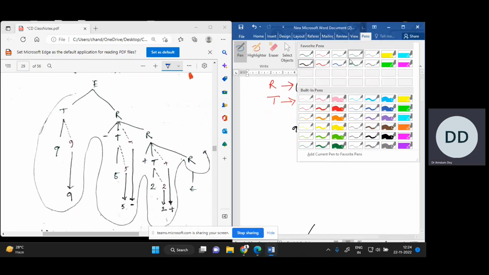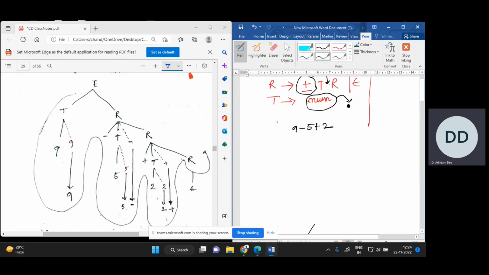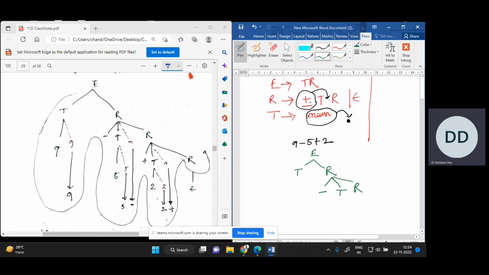We take a different ink over here. Here is the root node. Here I am producing E to TR. I am checking whatever I have written and writing that only. So R can generate minus TR, rule number 2 actually, minus TR.